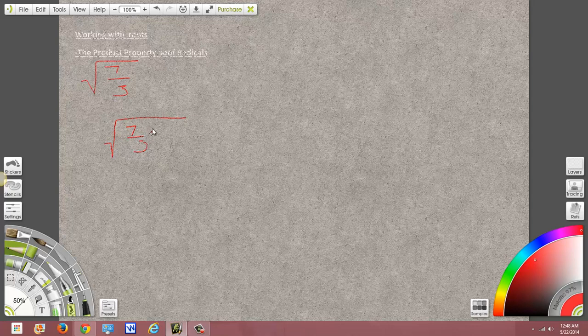You would multiply the numerator by 3 and the denominator by 3, which gives you a perfect square in the denominator. So 7 times 3 is 21 over 9, and the square root of 9 is 3, so the numerator stays as the square root of 21 and the denominator is 3. That is the simple answer.